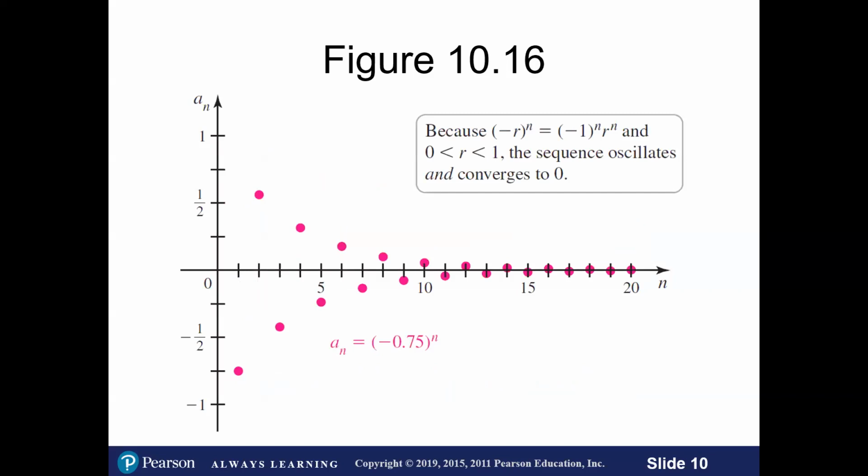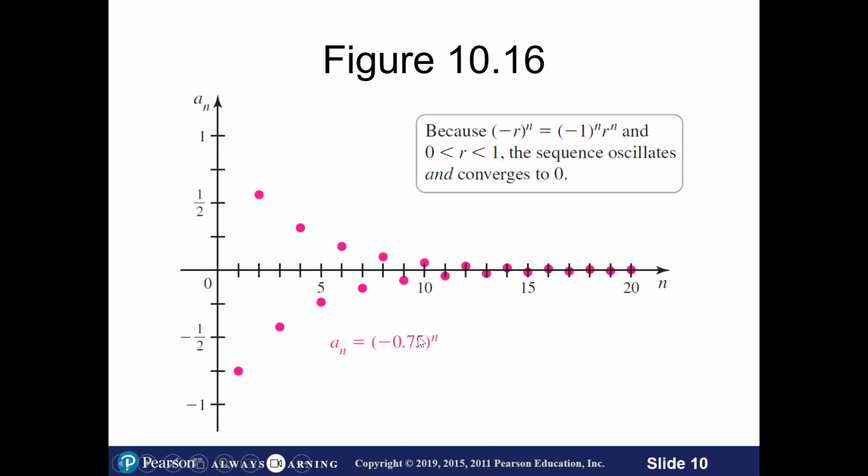Okay, now, next one, (-r)^n. Well, I can write that as (-1)^n r^n, so we're looking at two sequences: the (-1)^n part and the r^n part.